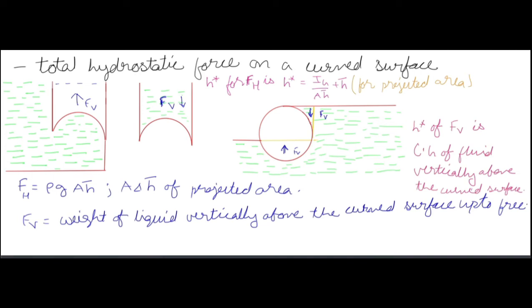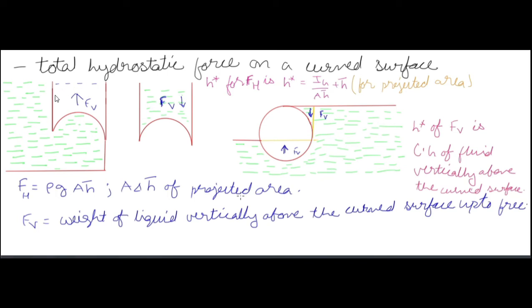So here in the first case, we have seen that fluid is in this part, while there is no fluid in this part. Now the force experienced by the curved surface is FV. Here FV is acting upwards, because buoyancy force is here, liquid has been displaced.